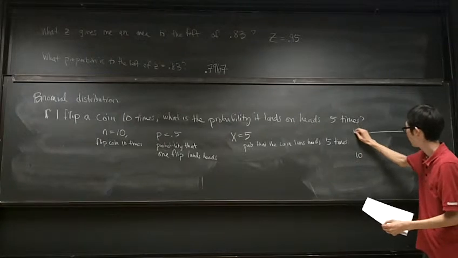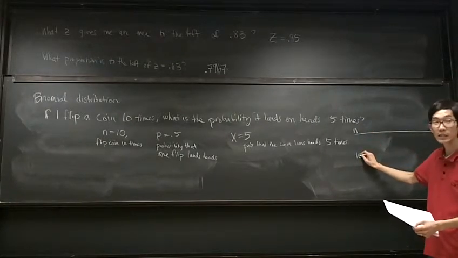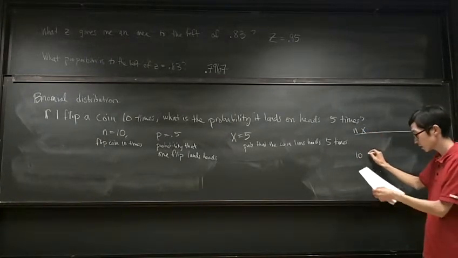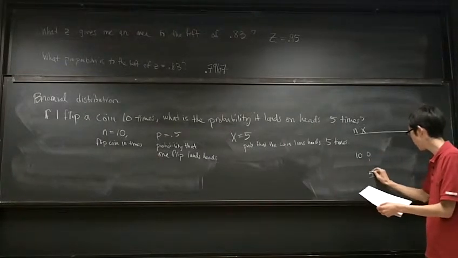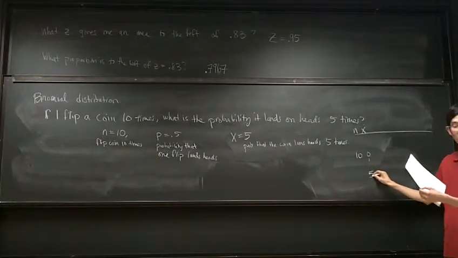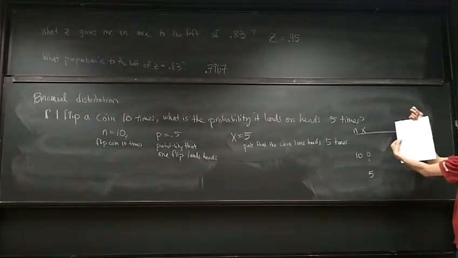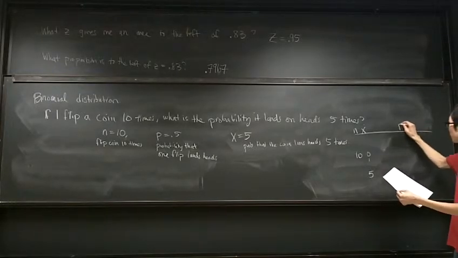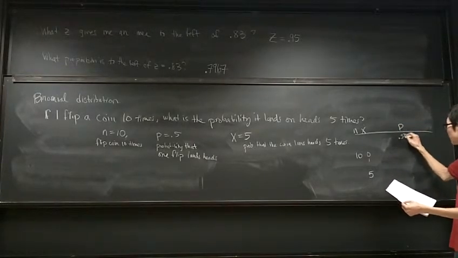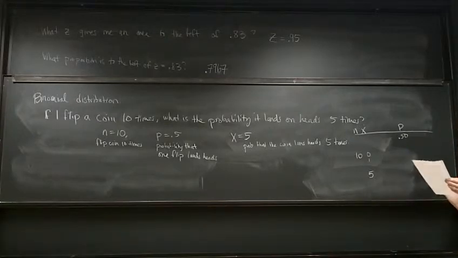So in your table, it looks something like this. I'm going to look for, in the column n is 10, and start there, x starts off at 0, and it goes 1, 2, 3, and I'm going to go to x 5, all right? So it's about a third of the way down on the page, okay? And then I'm going to go to the column where p is equal to 0.50. Is that good?